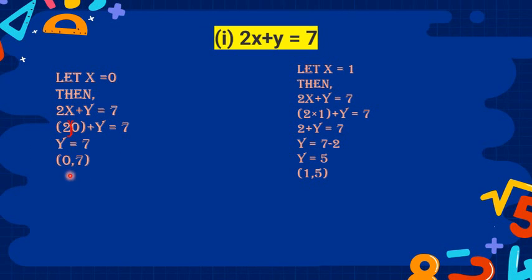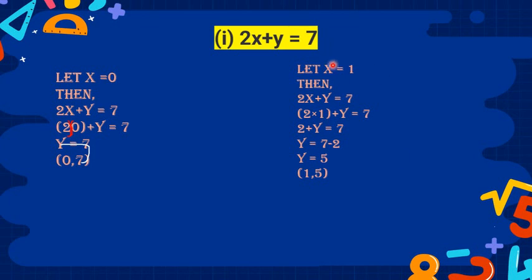The solution will be 0 comma 7, when the value of x is 0 and the value of y is 7. Understood?